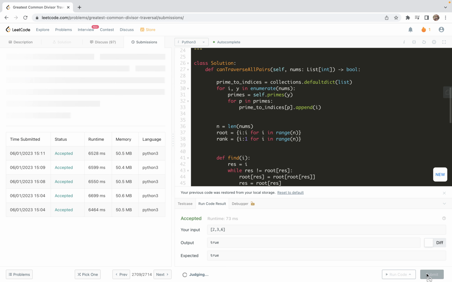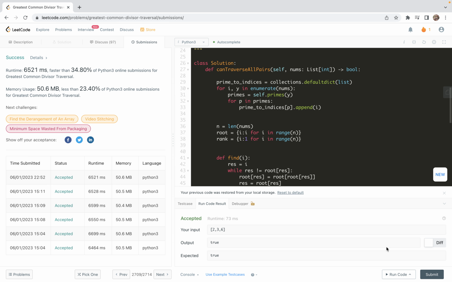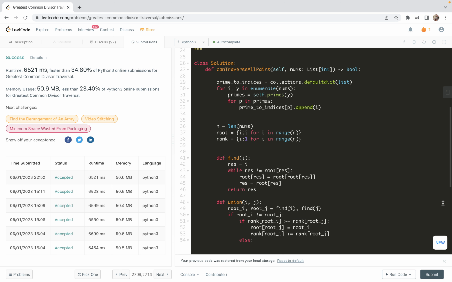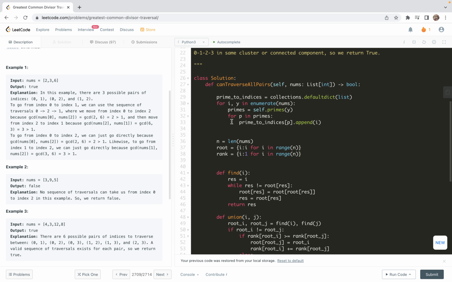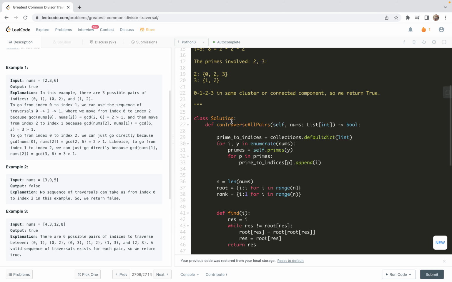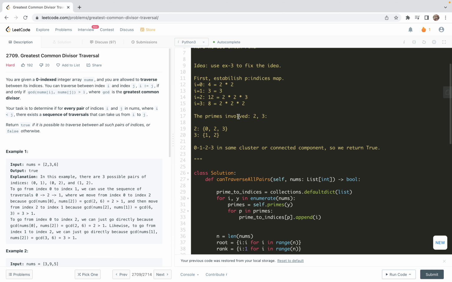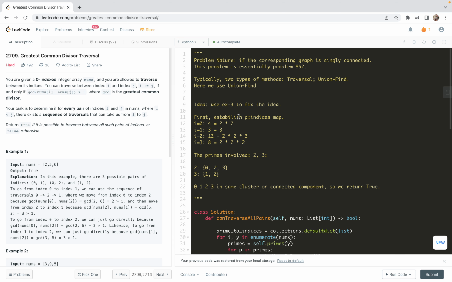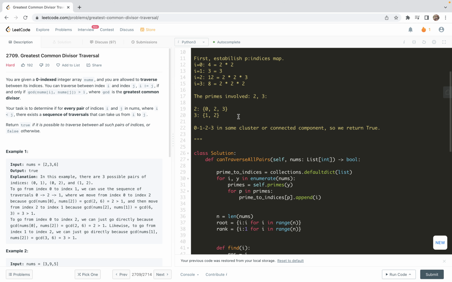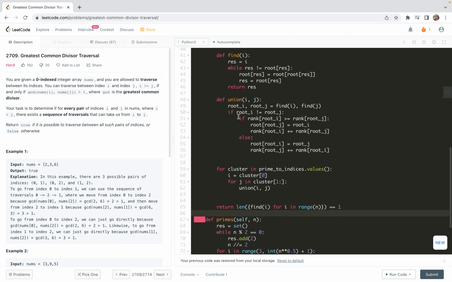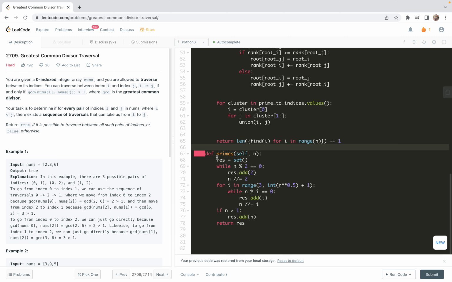So we find the roots, and then we check the length, and we test if it's 1. If it's 1, it means that all the indices are in the same cluster, which means that we can traverse among them, or in particular, for any pair of indices, we can do the traversal in the sense of this problem, right? So this piece of code forms a solution to the current problem.